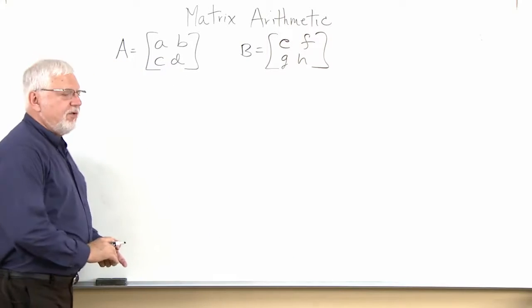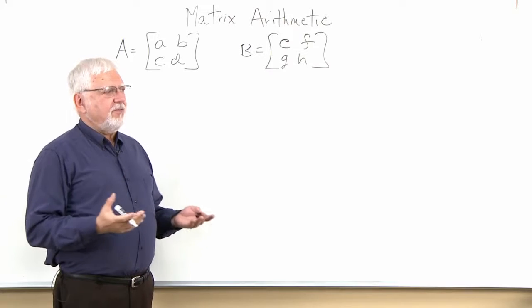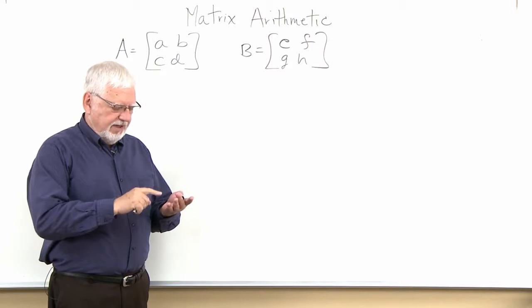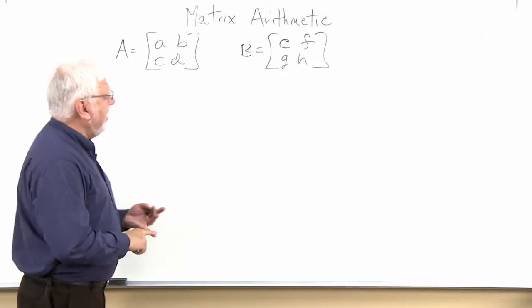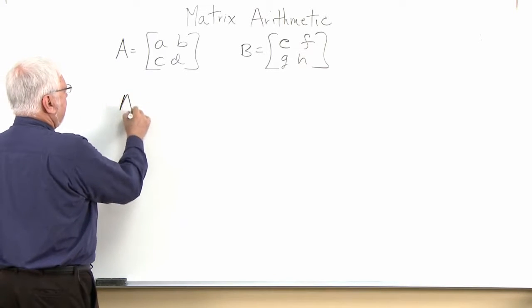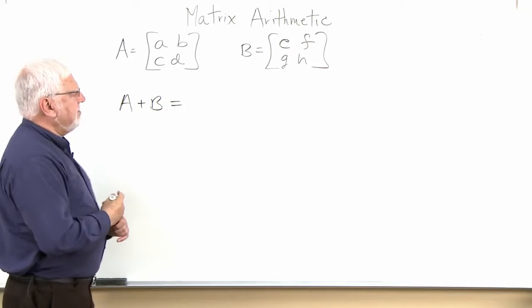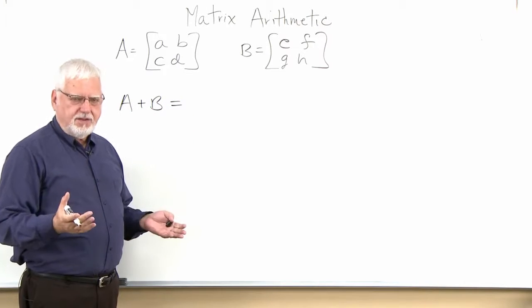Now what we want to do is develop an arithmetic. So let's see, what do we have in arithmetic? We have to be able to add. So we'd like to be able to add these matrices. Well, how do we add A plus B? Just how would you think you might do it?